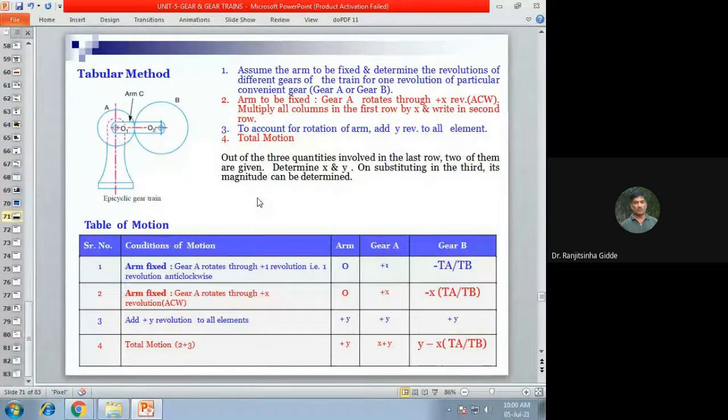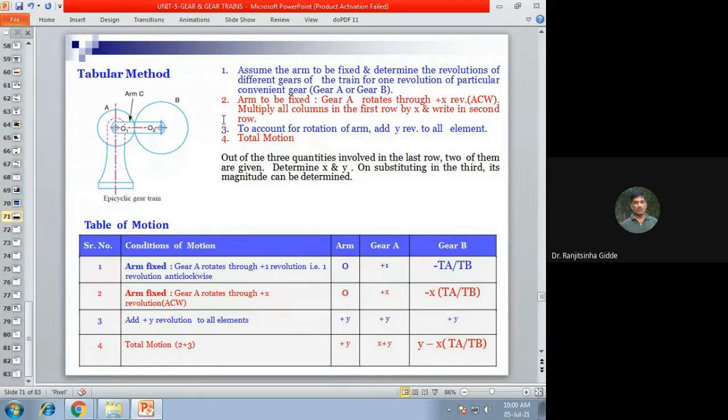So how do we proceed to solve such numericals? Such a diagram will be given, and based on that we need to have such a table that will give an idea about the solution for such examples.